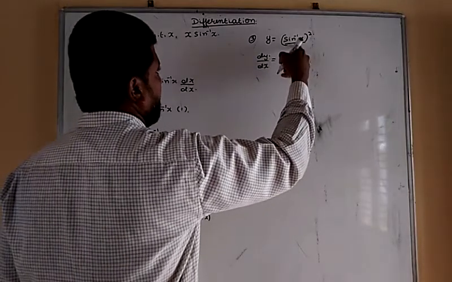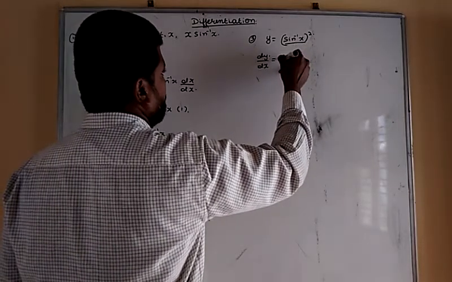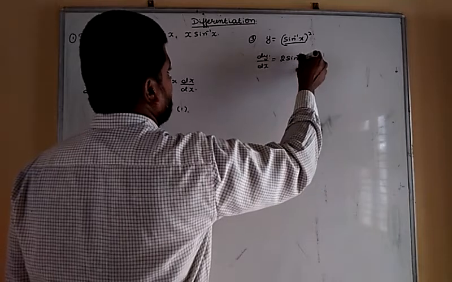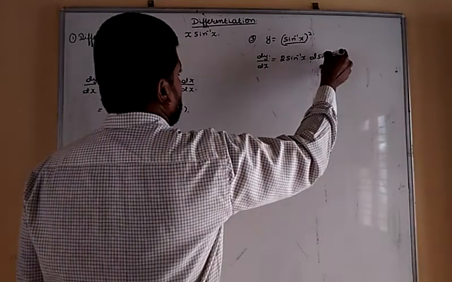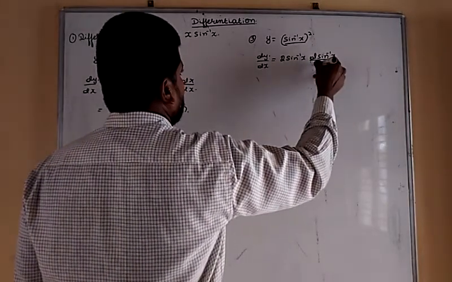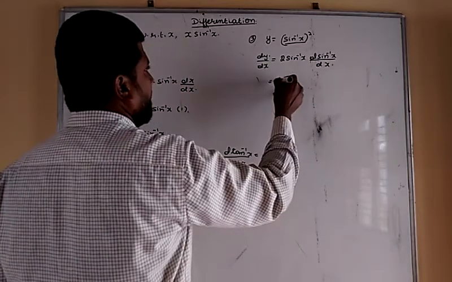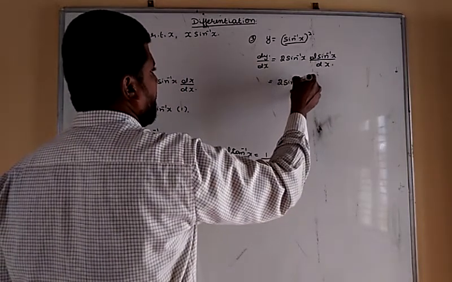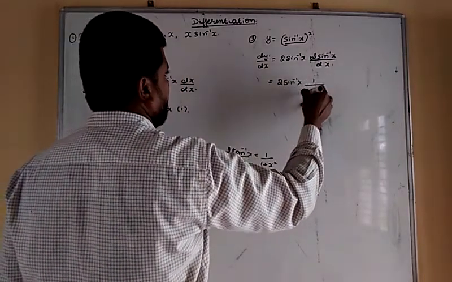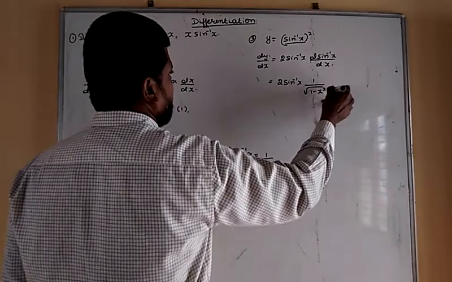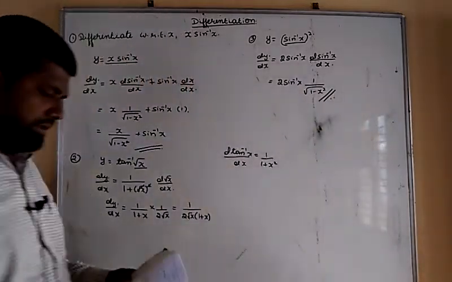In the place of x is sine inverse x is there. So 2 sine inverse x. Again differentiation of sine inverse x. Then differentiation of sine inverse x is 1 by square root of 1 minus x square. So this is the answer you got.